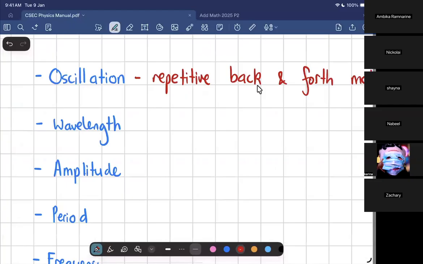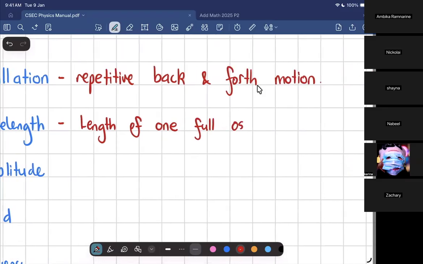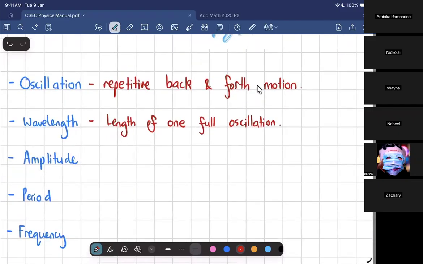Okay, wavelength, right? Length of one. What do you think we measure wavelength in? Wavelength. Length. What do you think I measure wavelength in? Somebody take a guess.